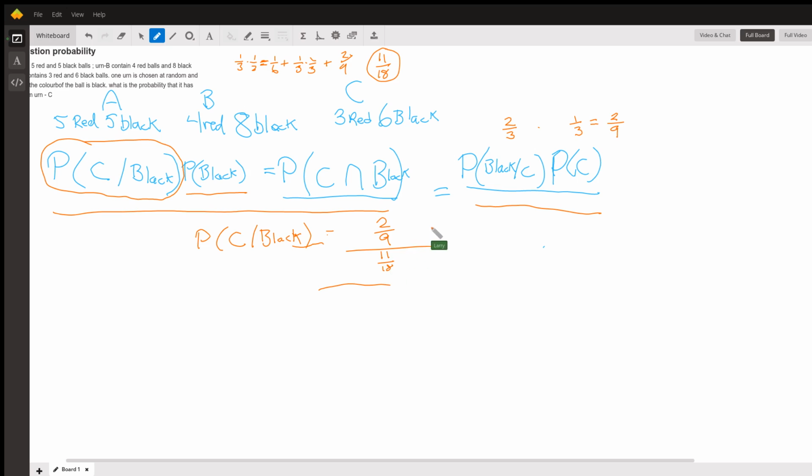Dividing by a fraction means multiplying by the reciprocal. That's 2 out of 9 times 18 over 11, which equals 4 out of 11. So if the ball you pick is black, there is a 4 out of 11 chance that it comes from urn C.